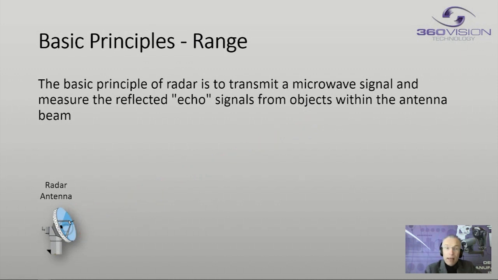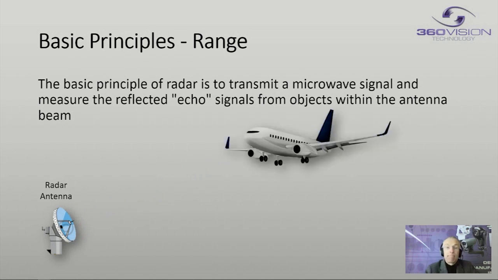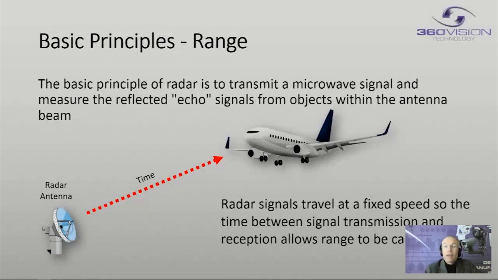So the principle here, looking a little bit closer, is we have our radar antenna, and if there is an object in the sky, in this case perhaps an aircraft, when we send out our burst of energy, it will leave our radar, propagate through the sky, and if there is something there, such as an airplane in this case, it will hit that aeroplane, and the aeroplane will reflect some of that energy, and part of that energy will find its way to the radar.